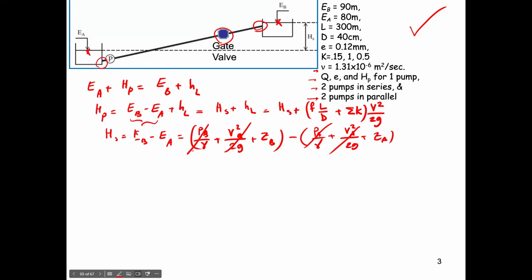Pressures and velocities are all 0 because this is a reservoir. So I have ZB, or elevation at point B, minus elevation at point A. If I do that, I will end up with 90 minus 80, which is 10 meter. So you have your HS.